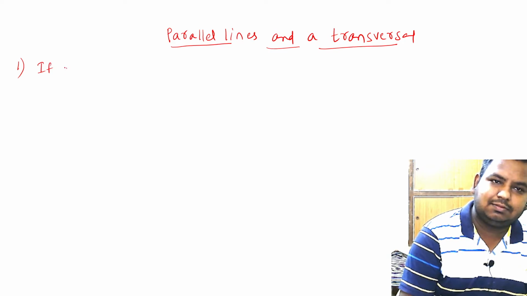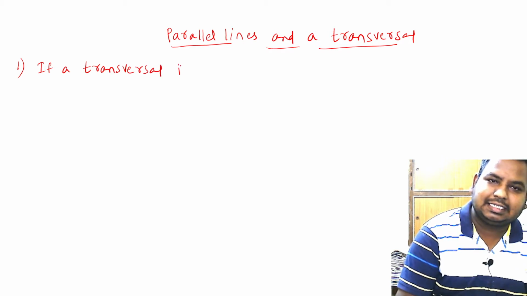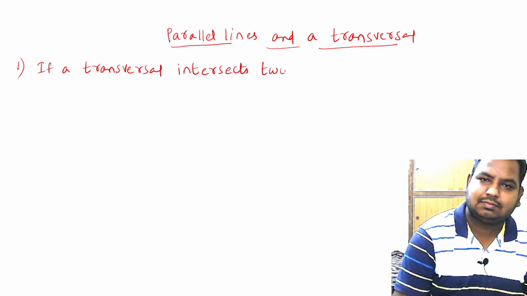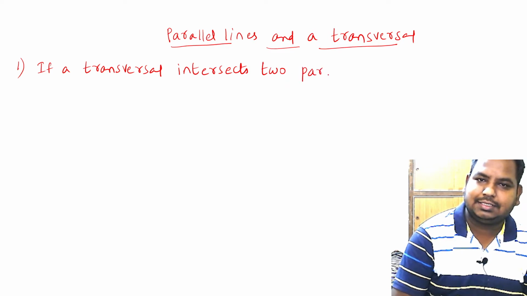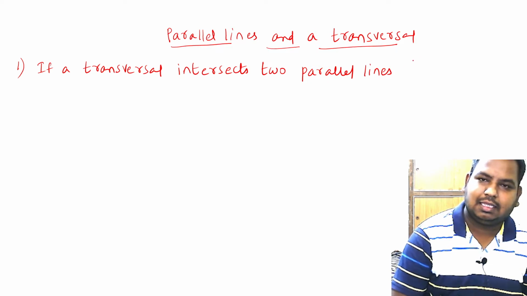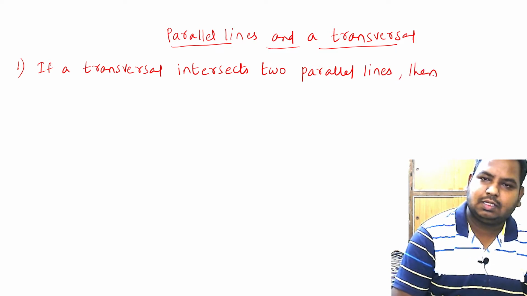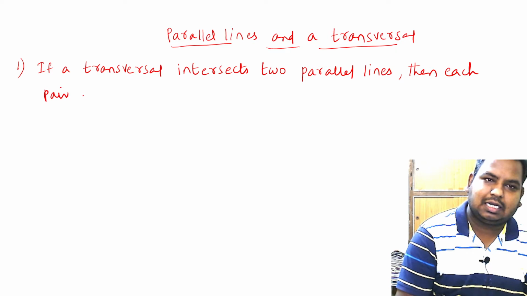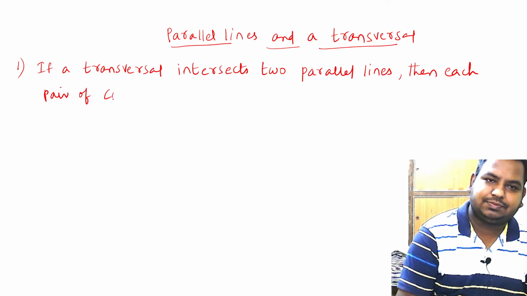If a transversal intersects two parallel lines, then each pair of corresponding angles are equal.